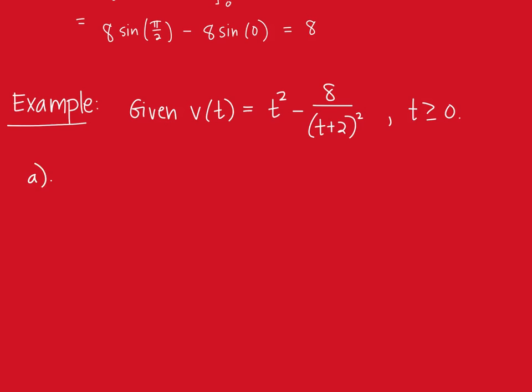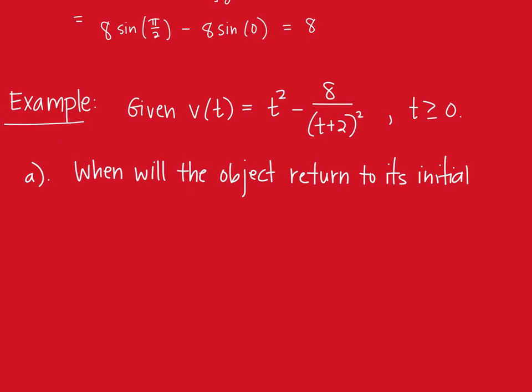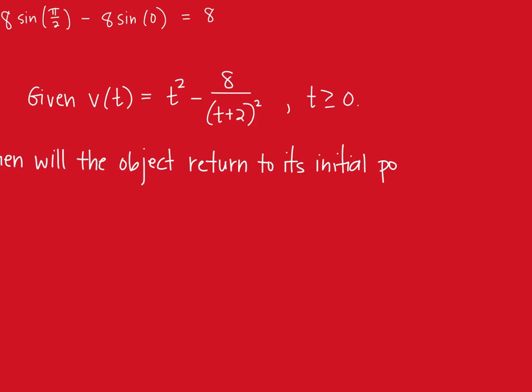Okay, a couple questions about this. If that's the velocity, when will the object return to its starting position? Okay, or initial position. You don't even need to know what the initial position is.